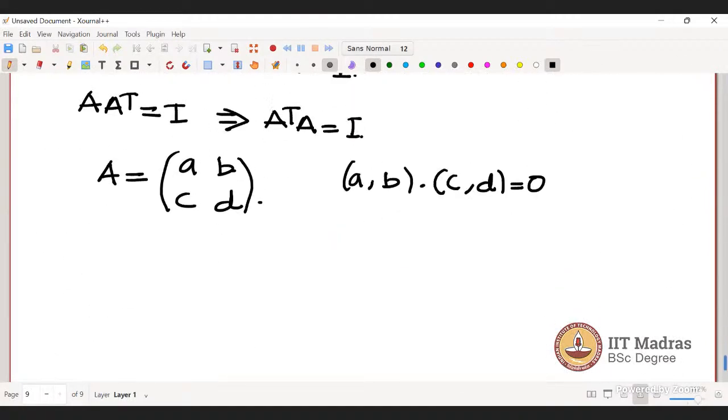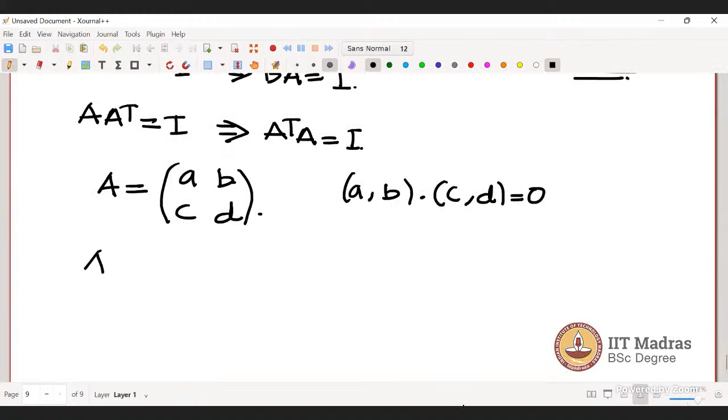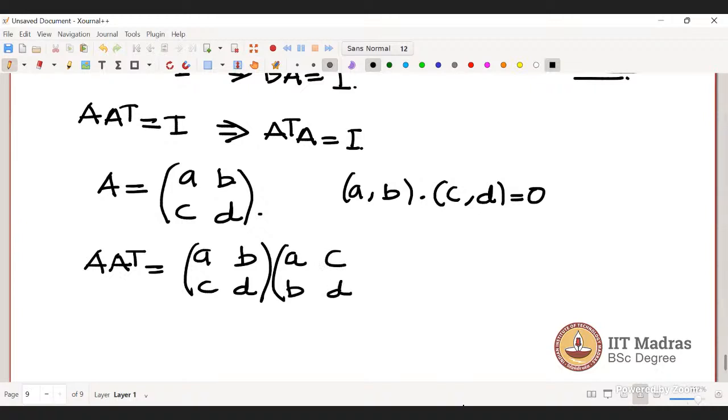Okay. So now you take A into A transpose. What is that? This is (A, B), (C, D), right? Yes, sir. So this is identity. Yes, sir.